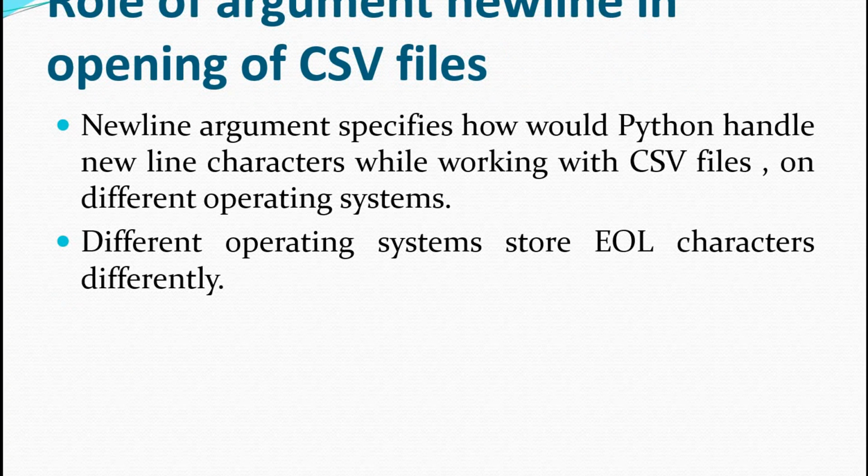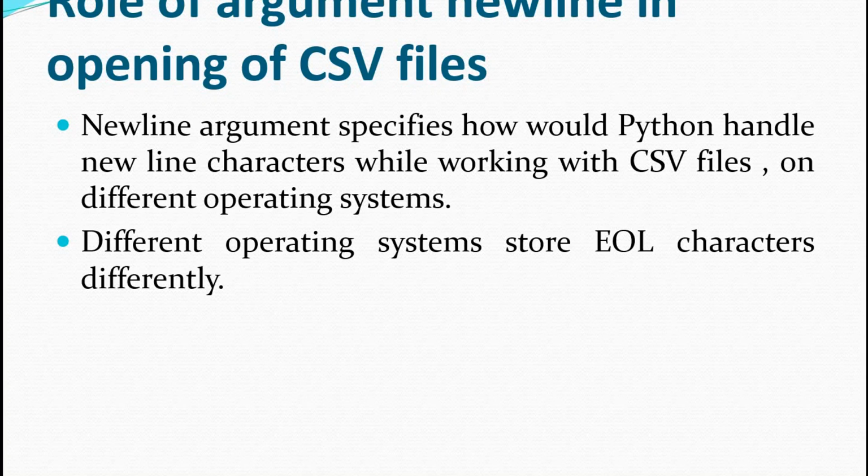Now, the role of the newline argument in opening a CSV file. What is the need of newline in opening a CSV file? The first point says that the newline argument specifies how Python handles the newline character. As you know, the newline character is \n.